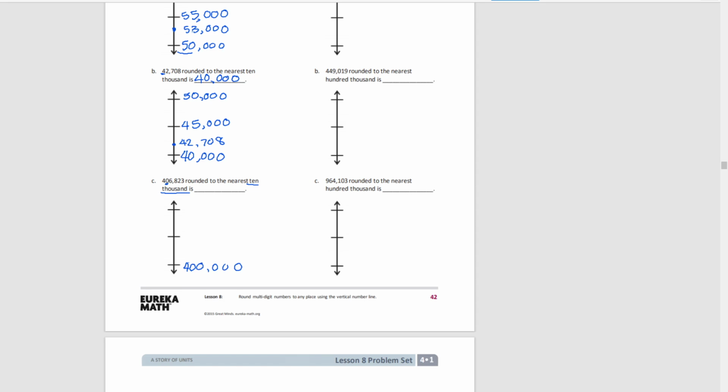So we have 0 10,000s here, so one more would be 1 10,000. And our midpoint would be 405,000. And 405,000 is less than 406,000. So this would plot about here. So the closest 10,000 would be 410,000.